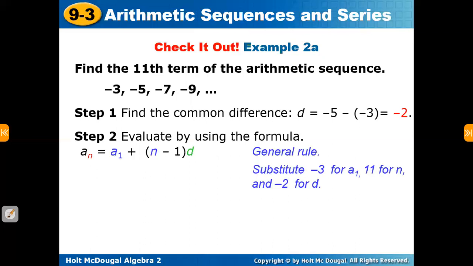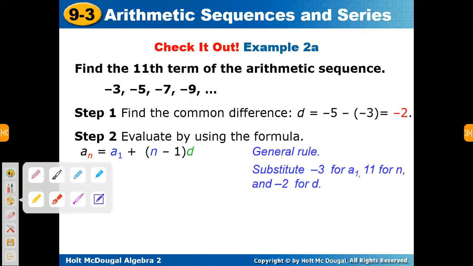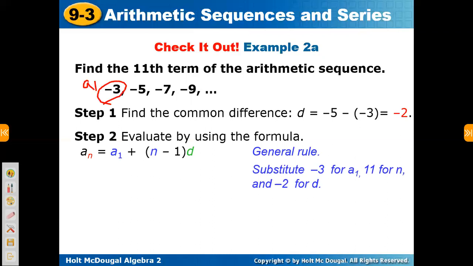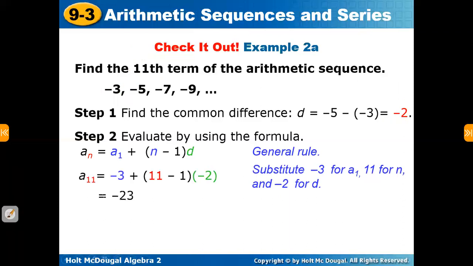I know that a1 is minus 3. From the sequence, it's very clear a1 is minus 3. And d I just found out as minus 2. n I know is 11. Substituting into the formula, I will get a11 is minus 23.